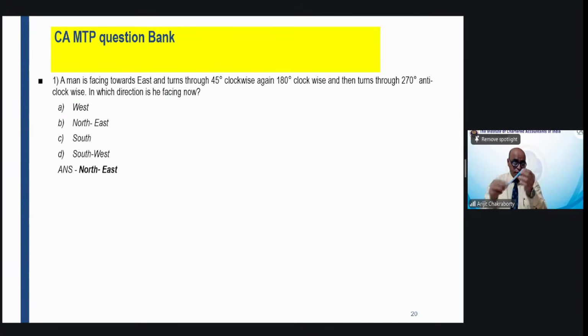So from southeast, again 90 degrees, that is, my pen is pointing from my side towards the right-hand upper direction. Right-hand upper direction means northeast. So this is a classic question. You can see in the MTP, the answer to this question is northeast.